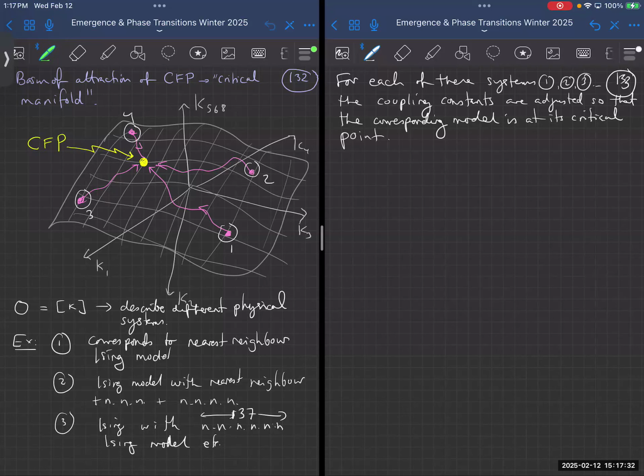So this is the basic explanation for universality. It's not the full explanation, but it's part of it.